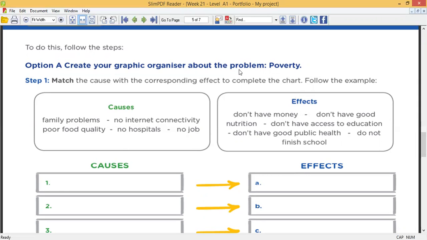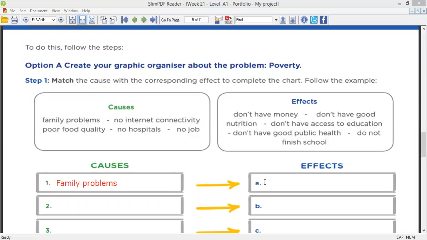For example, family problems. The cause, family problems, and the effects: don't have money, don't have good nutrition, don't have access to education, don't have good public health, do not finish school.